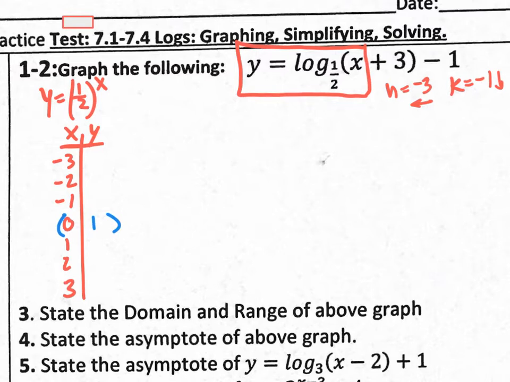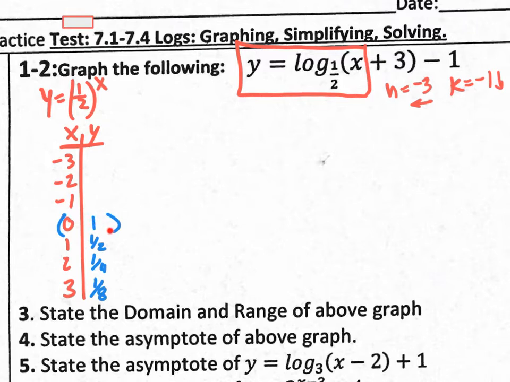Instead of plugging in the other inputs, since they are consecutive integer inputs, I could make this output decay by half, by that decay factor. So 1 times half is half. Then 1/2 times half is 1/4. And then half of that is 1/8, and it gets smaller and smaller.